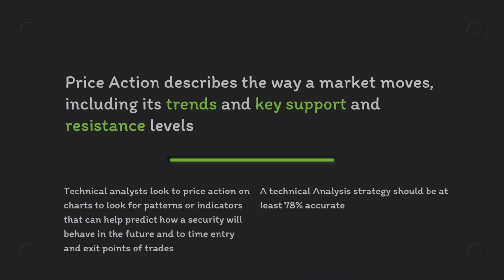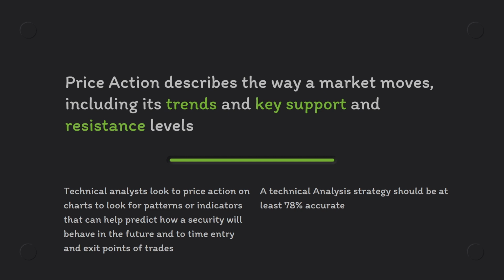What price action means is it describes the way a market moves, including its trends and its key support and resistance levels. You need to know how price is going to react when it reaches specific levels in the marketplace, right?